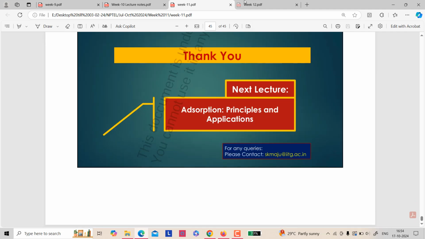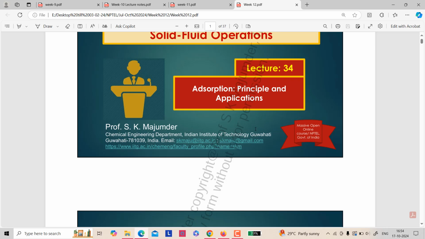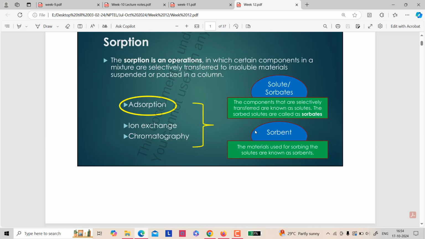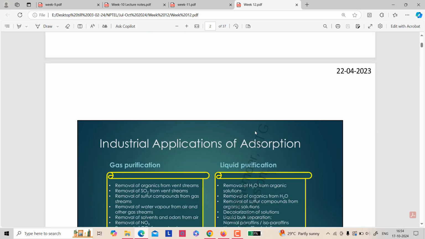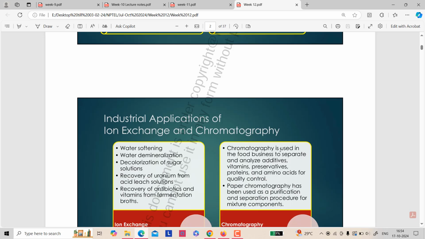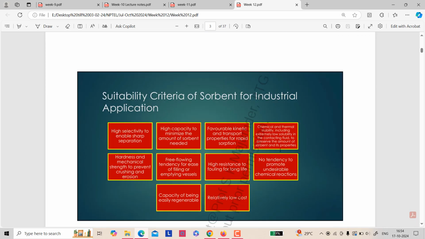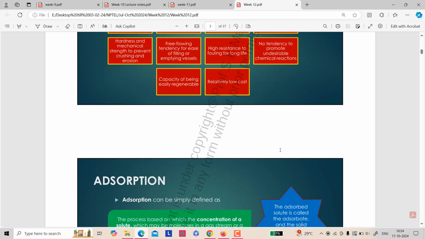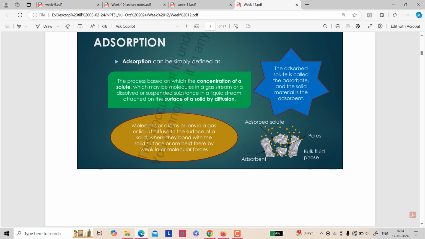In the last days, I talked about adsorption principles and applications. So you already know adsorption, and how it is important in industrial applications. Inside adsorption, ion exchange and chromatography are two important parts.